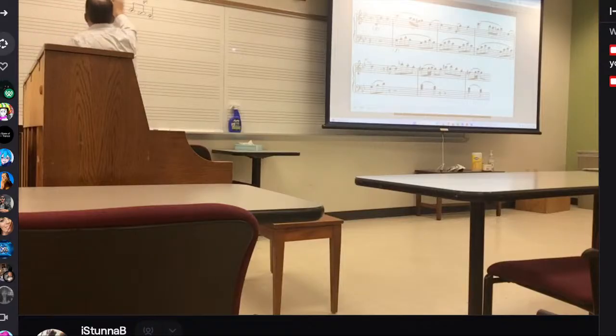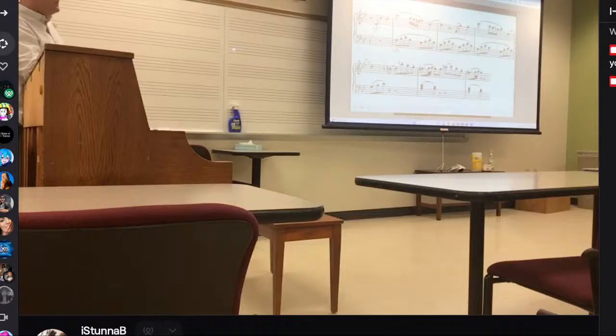Okay, B flat, or is it G minor? Thoughts? G minor or B flat major? B flat, maybe. You have sharps. We do have F sharps, which would indicate G minor.